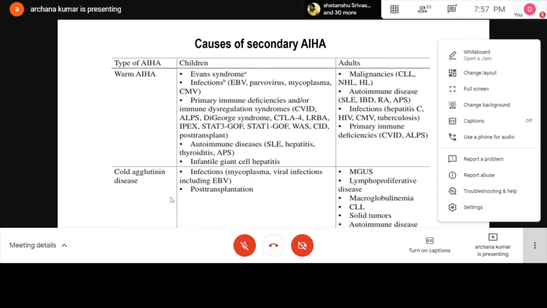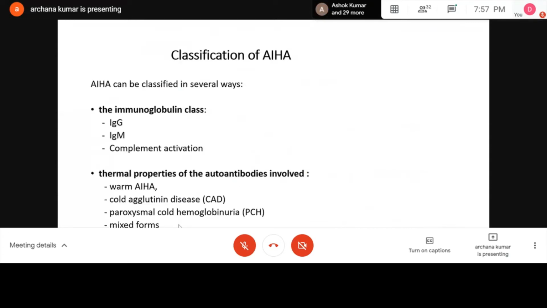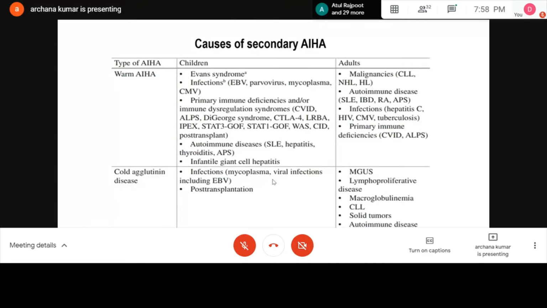Then we have the cold agglutinin disease, which is mainly because of infections like mycoplasma, other viral infections including EBV, and a very important area, as we have a lot of bone marrow transplants now, is post-transplantation. Paroxysmal cold hemoglobinuria is mainly following infections, and they could be adenoviruses, syphilis, CMV, EB virus, varicella zoster virus, measles, and mumps.